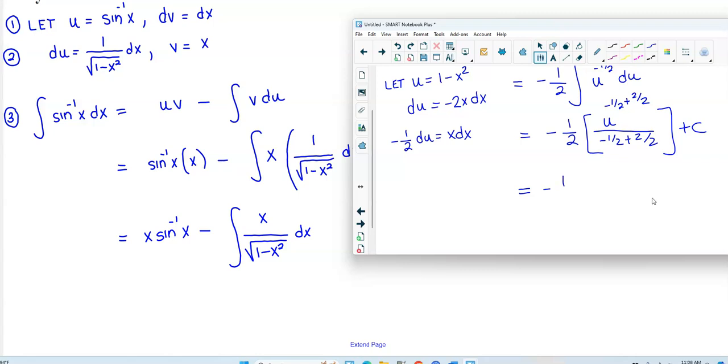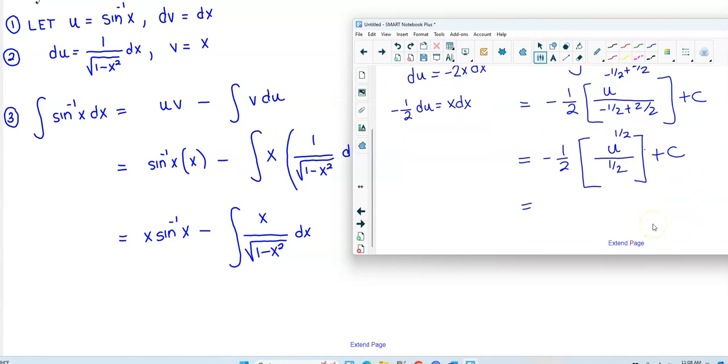So we have negative 1/2 times u to the positive 1/2 over 1/2 plus c, which is negative 1/2 times the reciprocal of 1 over 2, which is 2 over 1, times u to the 1/2 plus c.